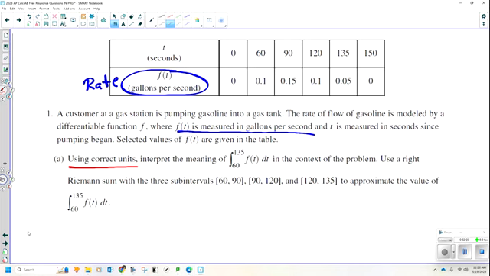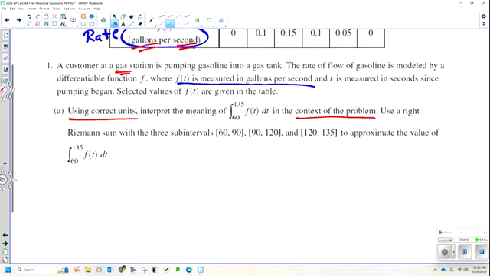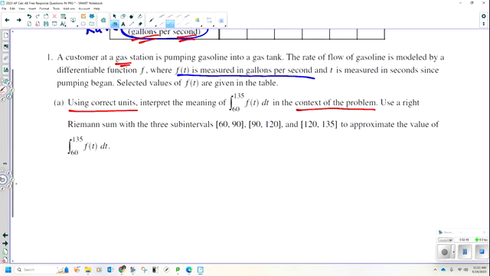You're going to have to, in the context of the problem, use things like gallons, seconds, probably gas, okay? We want to relate what that integral represents specifically for this problem. And let's start with just that, all right? So let's go. And then there's actually something to do afterward, but let's first tackle this part right here, okay?